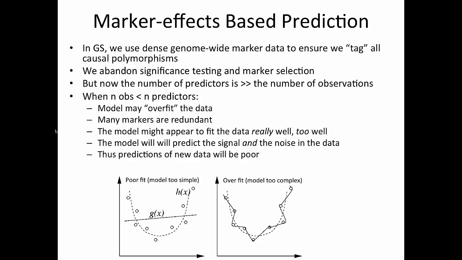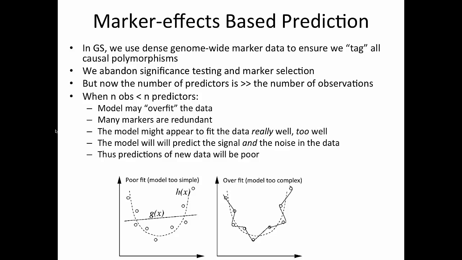But actually, if we used all of our markers, all of our predictors, you could end up with something that fit the data perfectly, right? In the rightmost panel, the line goes through every single data point. What that's doing is capturing both the signal and the noise in the data set, and that's not a good thing, because that means we're capturing environmental variation and all kinds of things.